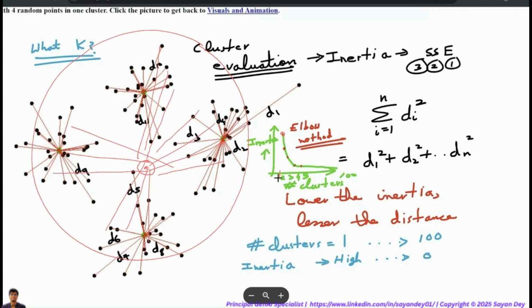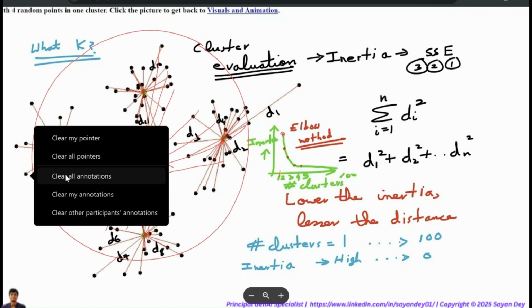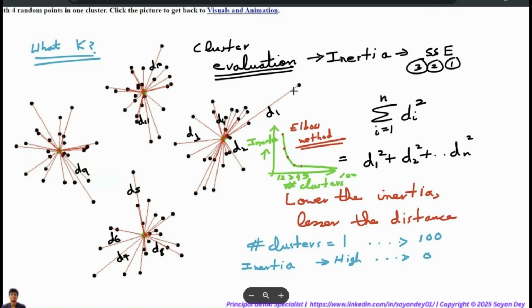That is one extreme. The other extreme would be if I have too many clusters, or in other words, too many centroids. Let's say in my diagram right now, I have 100 data points. Every point is a customer. So if I try to identify 100 centroids, what will happen?